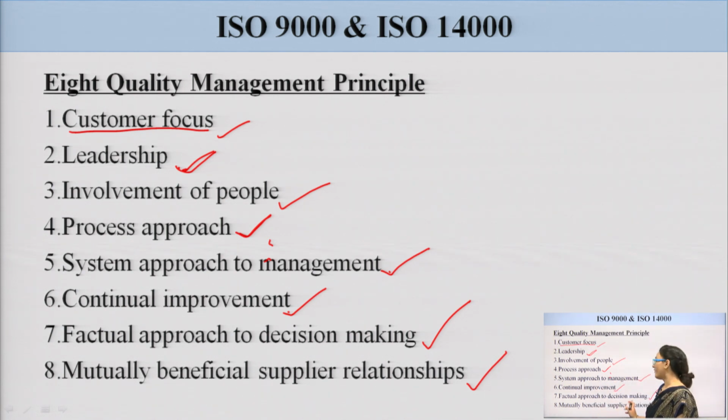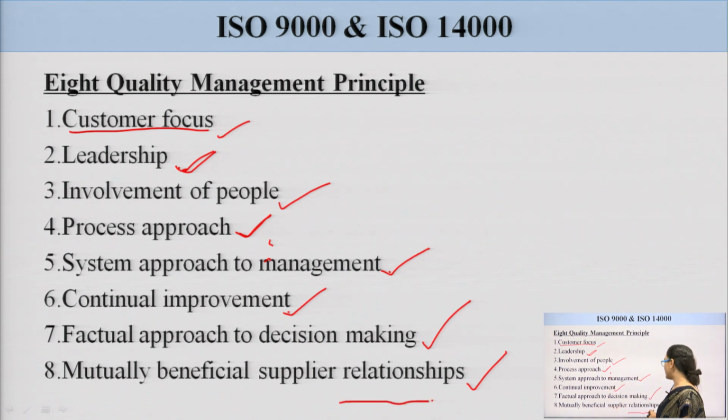Next is factual approach to decision making. In every organization, they should not make decisions in a rush. They should study the data, analyze the data, and then make any decision. Next is mutually beneficial supplier relationships.